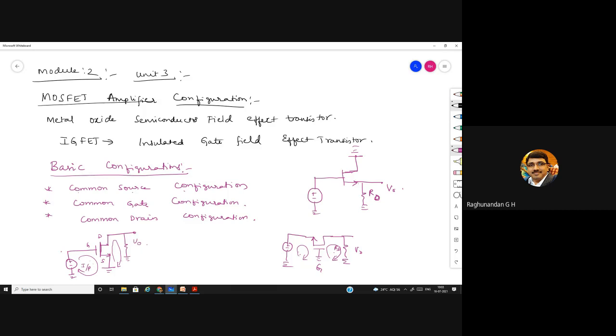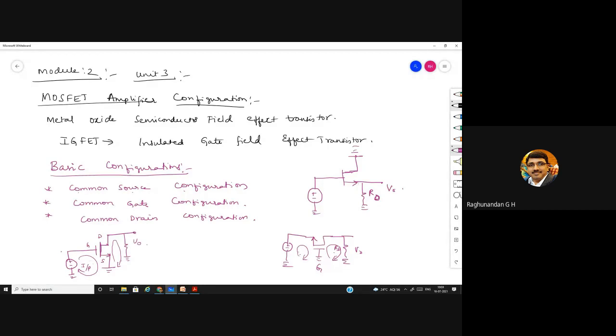The arrow mark that I have put indicates the source. In BJT also, the arrow mark indicated the emitter terminal. Here also, the arrow mark indicates the source terminal. Obviously, the other will be the gate which exists between the source and the drain, and the one more is obviously the drain. So these are the basic configurations we have.